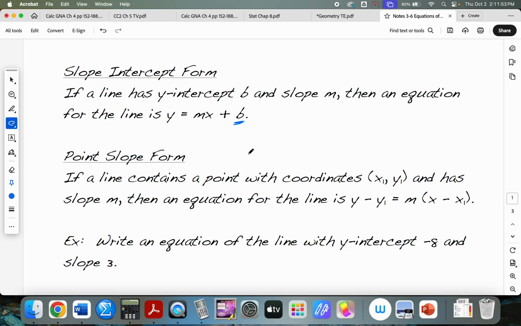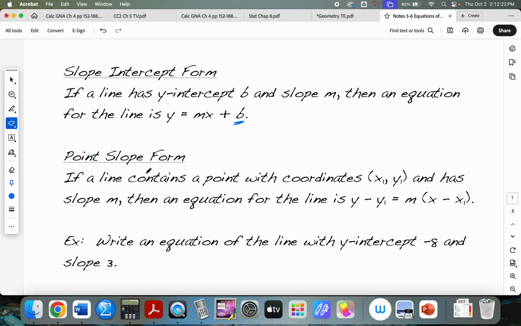And isn't it where you start when you're graphing? Don't you graph the y-intercept first? So in some ways, to me at least, it makes a lot more sense to do it as b plus mx, because then that's where you start, and then that's where you go from there. It's entirely up to you. I don't care. I'll write them in y equals mx plus b because that's what you have had pounded into your head for at least a year, okay?